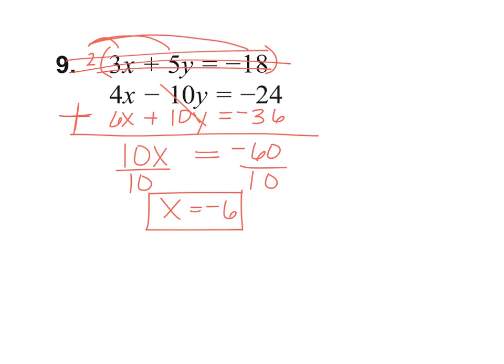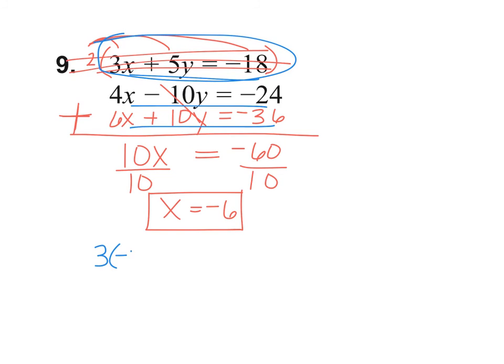And again, you can plug into any of the first 3 equations. Let's see, what's probably our easiest? I'm going to do it with that first one. So 3 times negative 6, we plug in our x value, plus 5y equals negative 18.